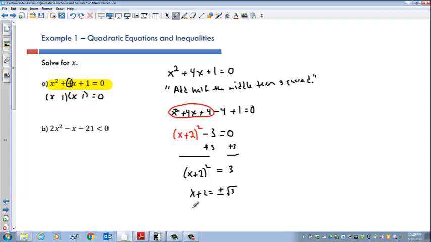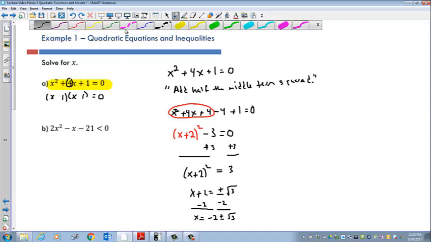Then finally we subtract 2 from both sides and we get our answer, x equal to negative 2 plus or minus root 3. And so here's our answer for part A.